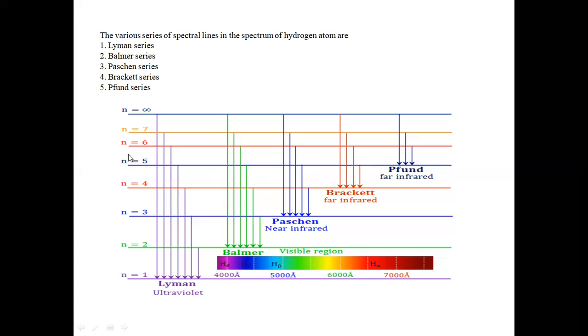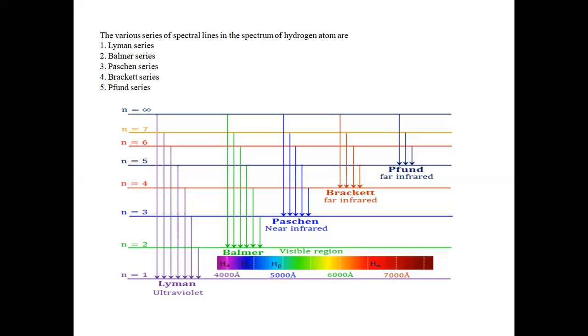Here n1 is equal to 5 we have to substitute, and n2 is equal to 6 or 7 or 8 or infinity, etc. in the equation nu bar is equal to RH into 1 divided by n1 square minus 1 divided by n2 square.